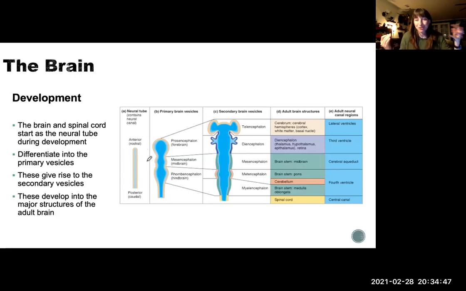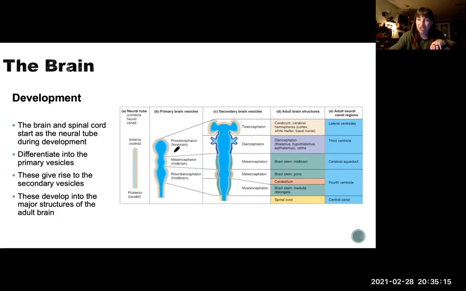But the anatomical terms for that are the anterior or the rostral, rostrum being a beak, and the posterior or the caudal or tail end. So if you see rostral and caudal, that just means like the beak end, the nose end, and the tail end.